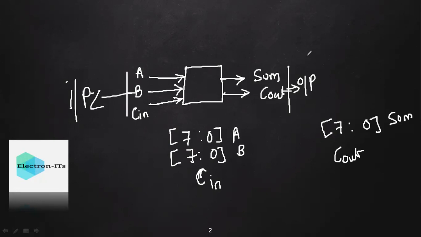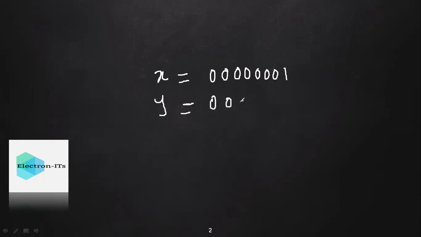Now we will discuss the basic sum operation. Here, I will consider X as the first input, which is 8 bit. For example, the input bits are 00000001. The second input is Y, and Y is equal to 00000001.